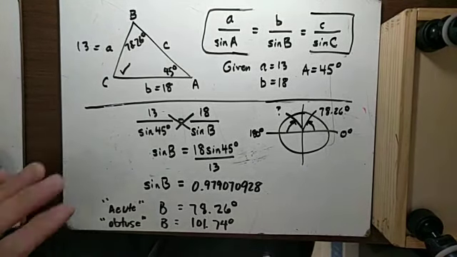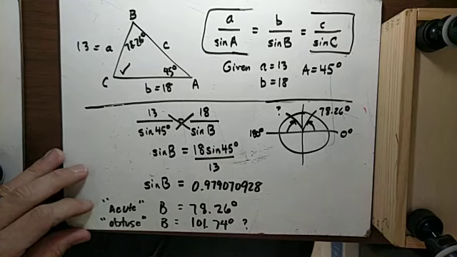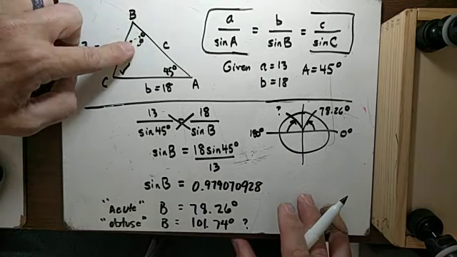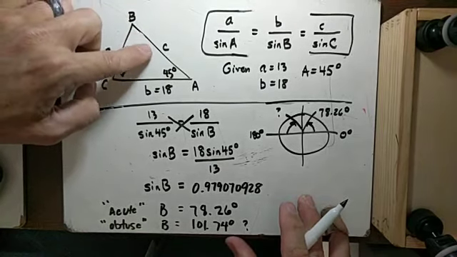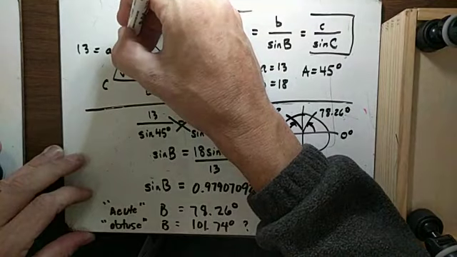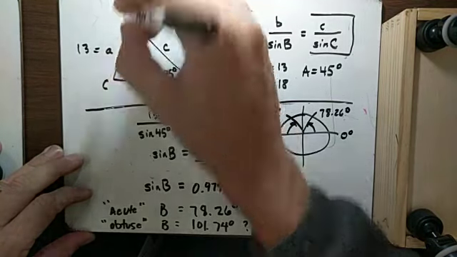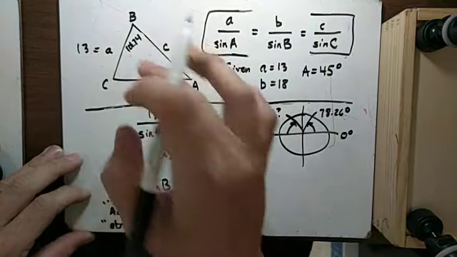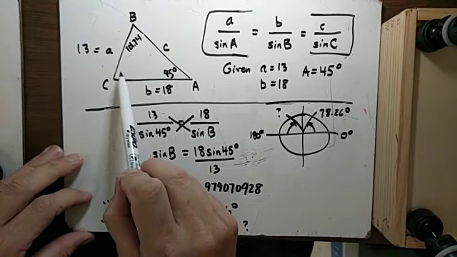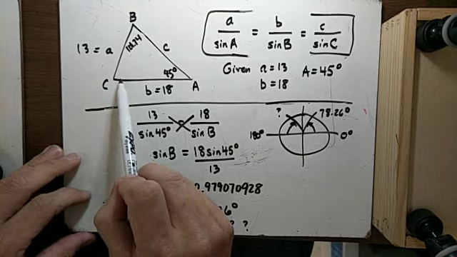Now how do I know if this one works in the triangle? What I have to do is come back up here in my picture and put 101.74 there and ask myself, is there enough out of the 180 degrees in a triangle left over for a third angle? And there is.